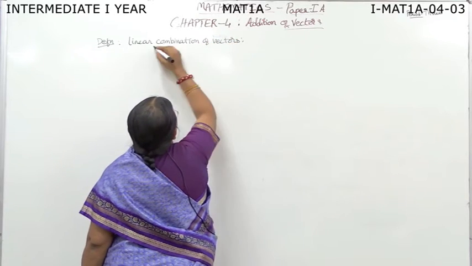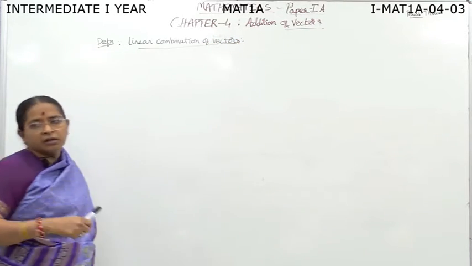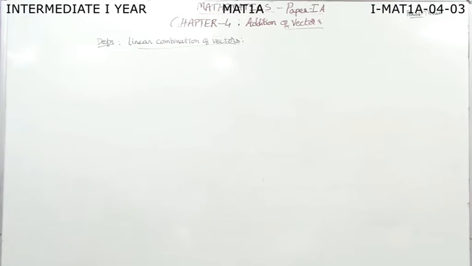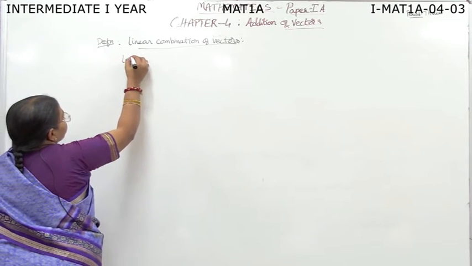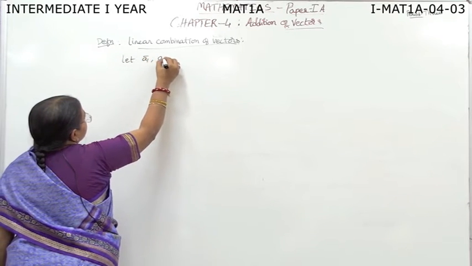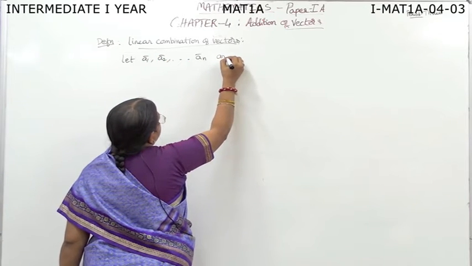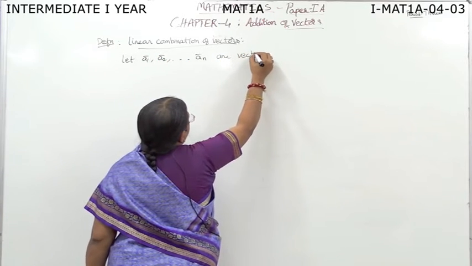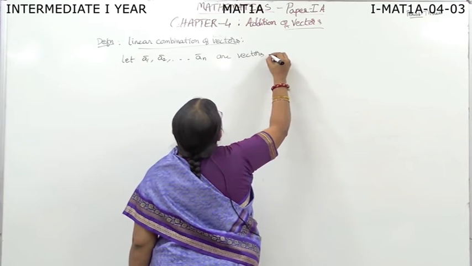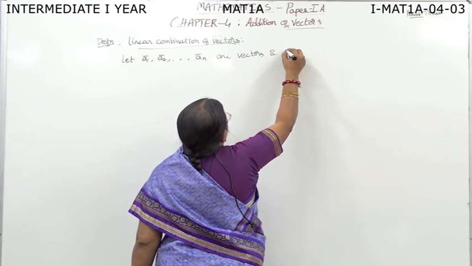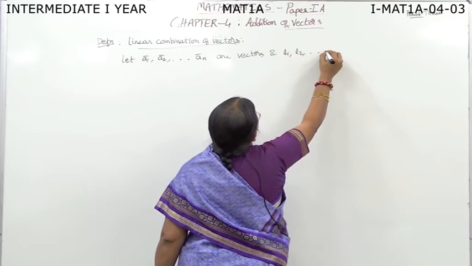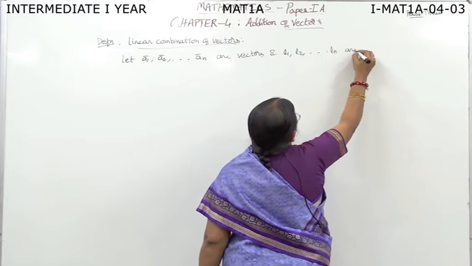So what is this linear combination of vectors? Suppose that you have n vectors, let a1, a2, so on, an be n vectors, and then the same number of scalars, l1, l2, so on, ln are scalars.